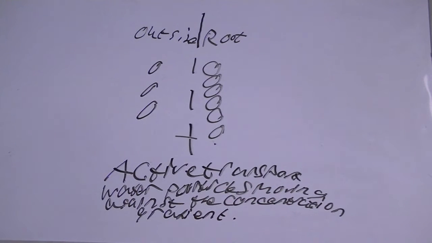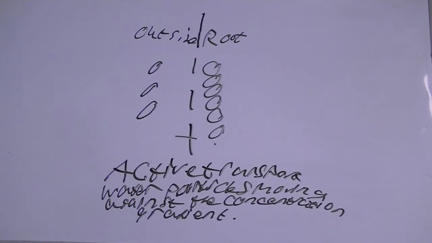And as I explained, that's where it moves in the opposite direction to what it should. However, to achieve this, the plant needs to use up energy. So active transport requires the use of glucose storage for respiration to get energy to do this, because it can't do this without using energy.